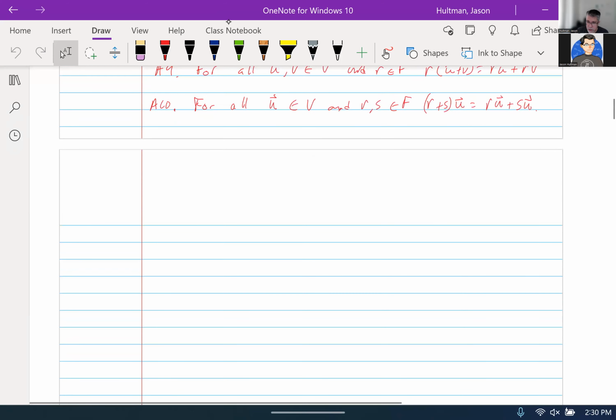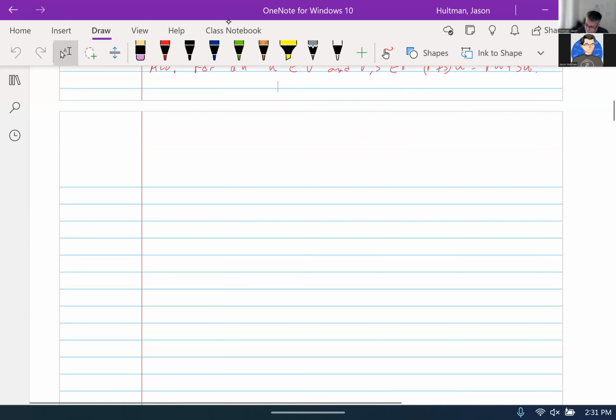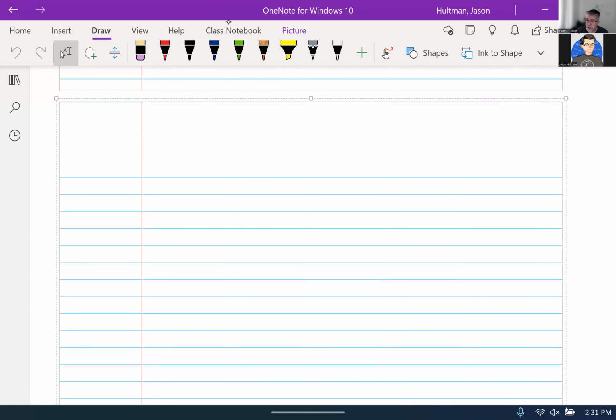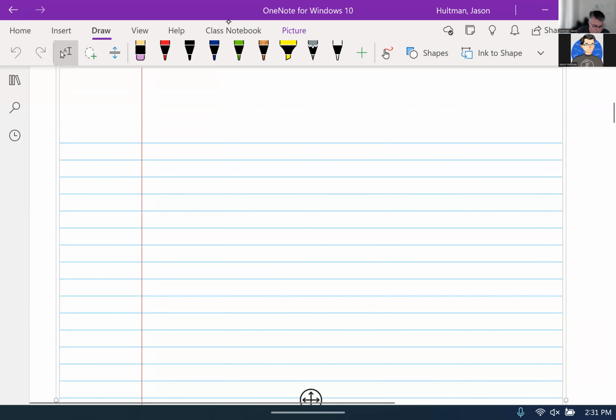They hold all 10 of these axioms, but addition and scalar multiplication may not be defined in the same way, depending upon the properties of the vector spaces we're given. But there has to be some operation of addition and some operation of scalar multiplication that satisfies all of the axioms. Okay, so examples of vector spaces.